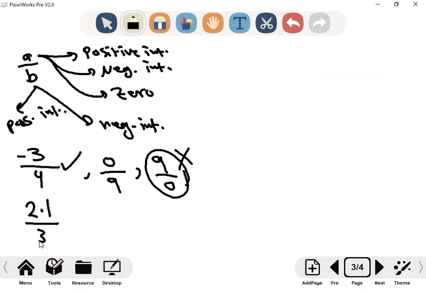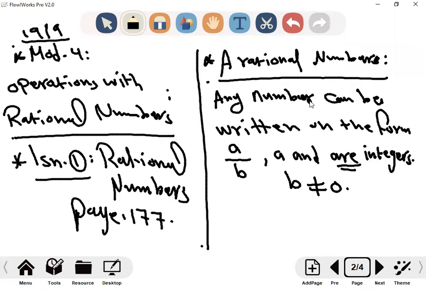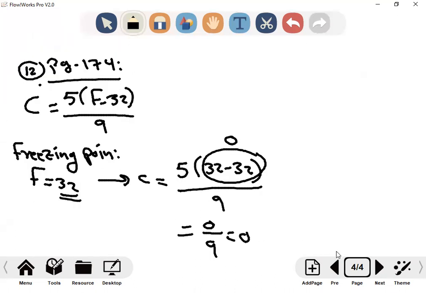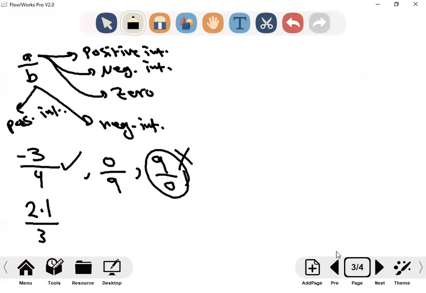2.1 over 3. Is this a rational number? Now let's go to the definition. The definition tells us if this is rational or not, right? What does the definition say? The definition says any number can be written in the form A over B, where A and B are integers. Is 2.1 an integer?